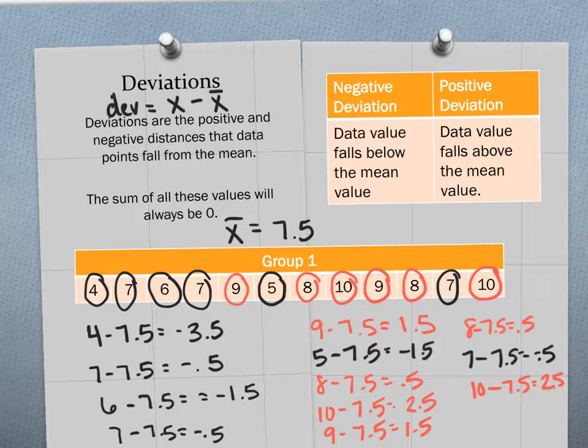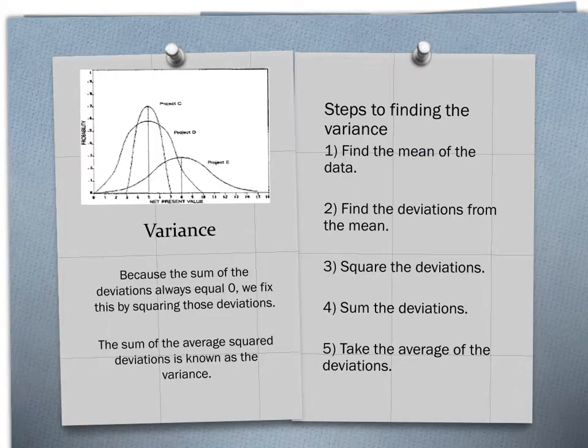Well, we move to a different measure, and this measure is called the variance. Because the sum of the deviations always equals 0, we fix this by squaring those deviations. The variance is the average of the squared deviations. Key word here being the squared deviations. So what we're literally going to do is go back and look at all those deviations and square them. Squaring them does two things.